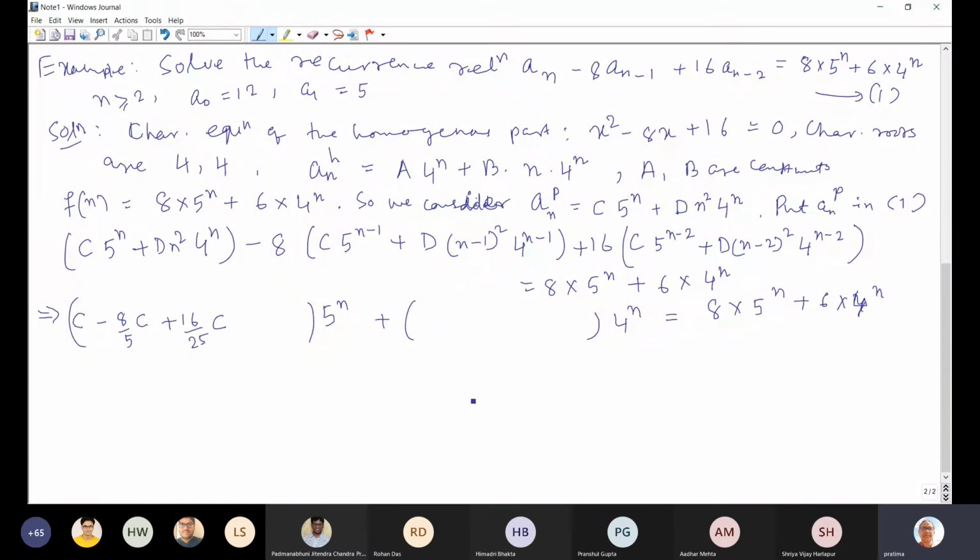So then you tell me the coefficient of 4 to the power n. For 4 to the power n, here we are having D, and the n square also.